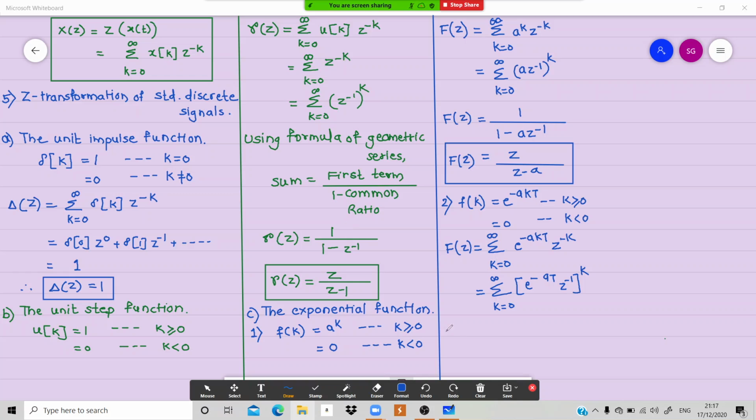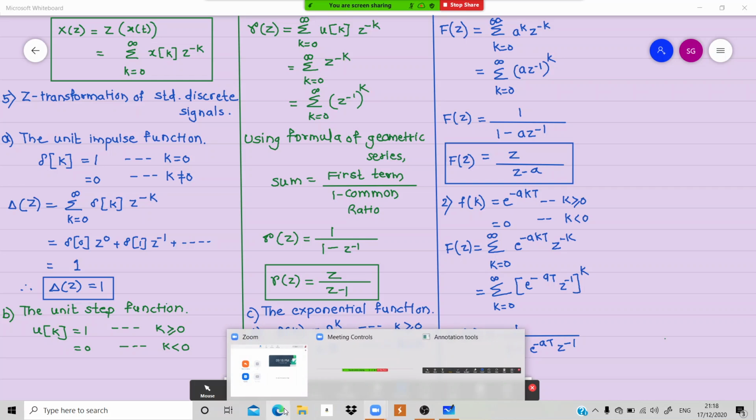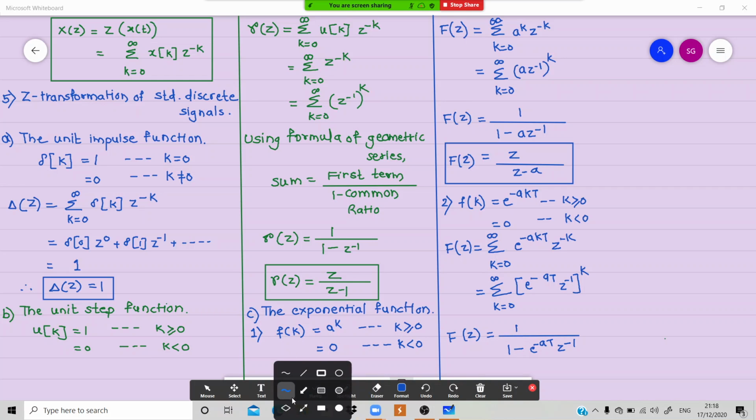Again you go by the geometric series, and you are going to have f of z is equal to 1, because initially it is 1, divided by 1 minus the common ratio, which is e raised to minus a t and z raised to minus 1.